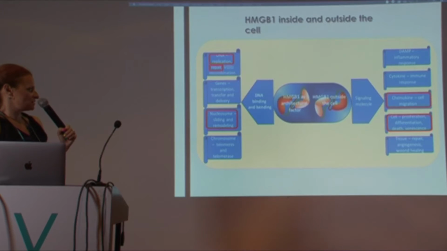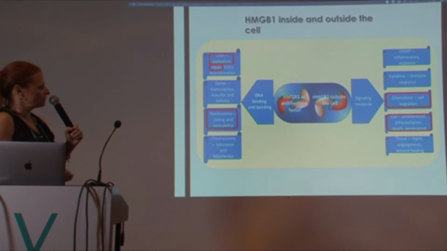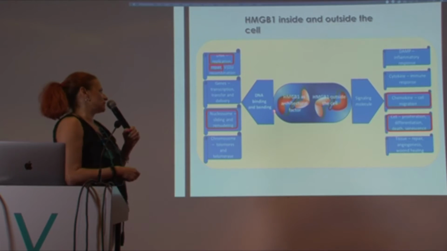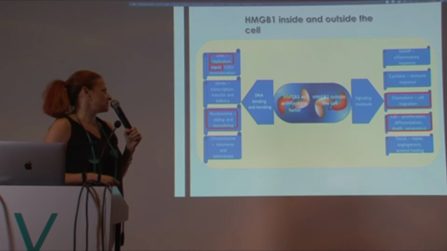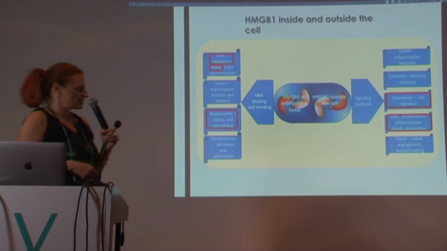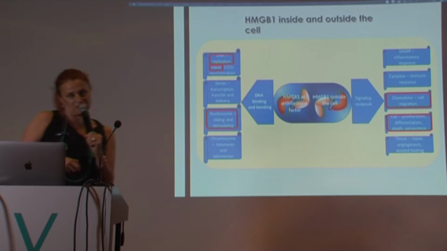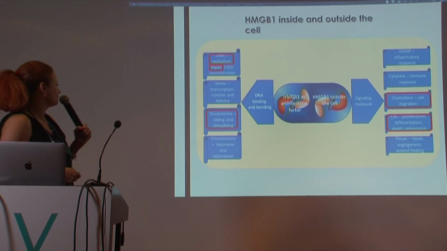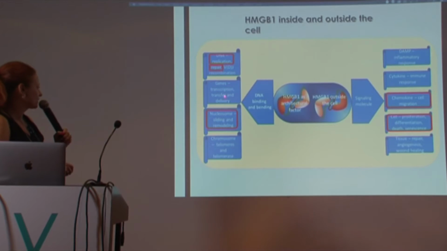They are very interesting functions, of course, and even in my lab we switched and started to study HMGB1 in terms of cell migration and proliferation, differentiation, apoptosis, and cancer. But this talk would be focused on this part.